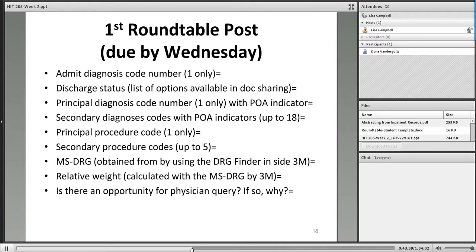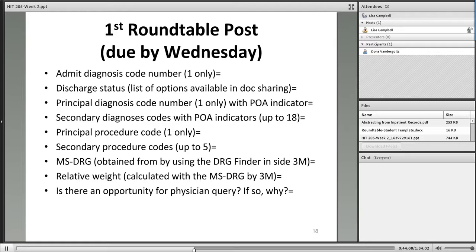Okay, the next thing, the third item, is your principal diagnosis code number. So I had you go to your guidelines to look for section 2, which is the selection of principal diagnoses. The principal diagnosis is not determined by the doctor, because doctors don't know coding rules.